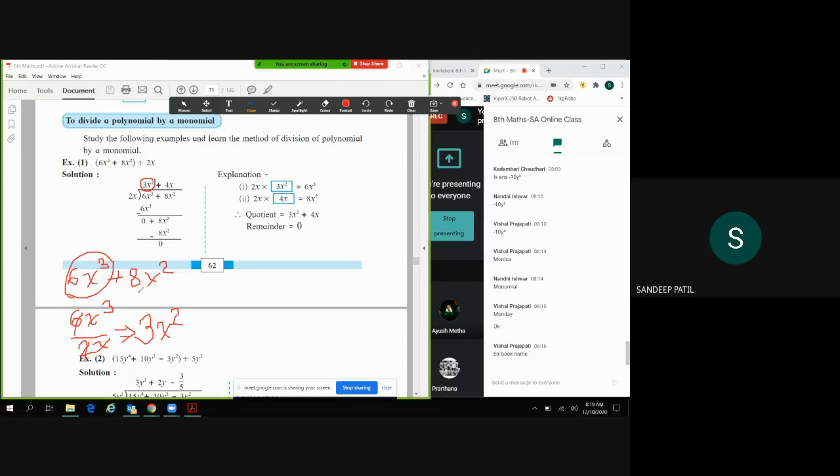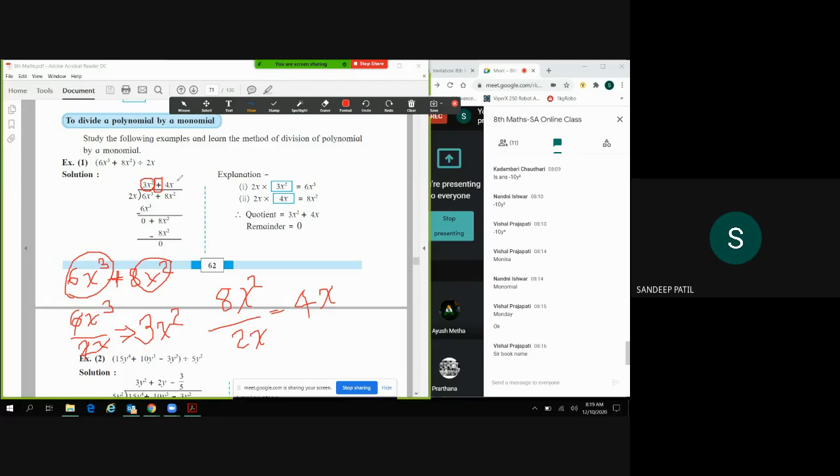Then what is next? It's a plus sign, right? So we will write the plus sign or addition sign. Then the remaining term is 8x square. We will carry out the division for 8x square divided by 2x, right? Here 8 divided by 2 is 4, and x square divided by x is x.